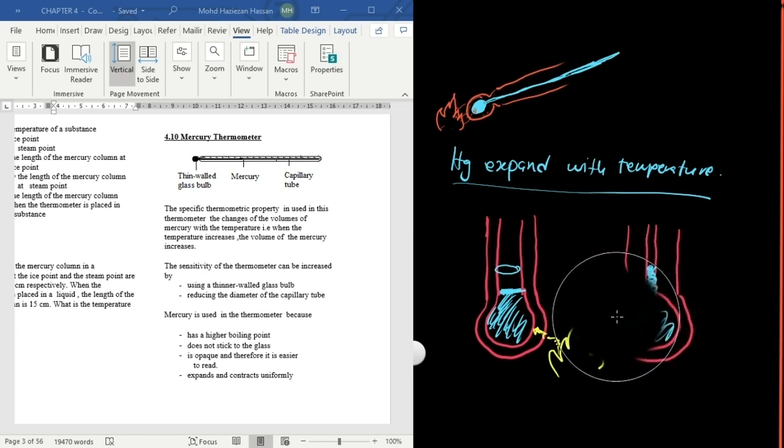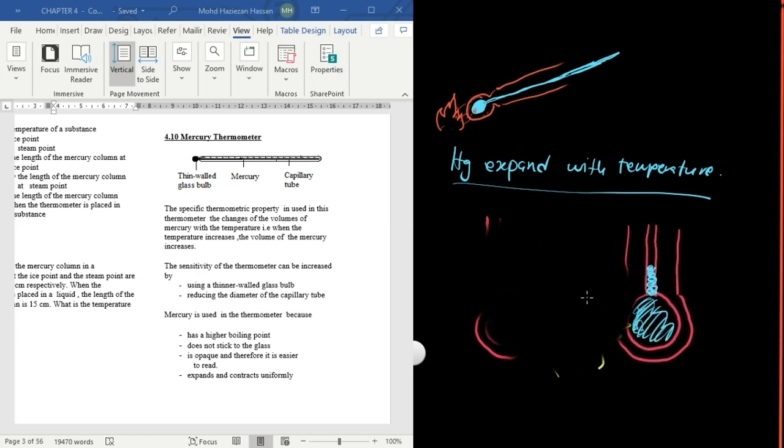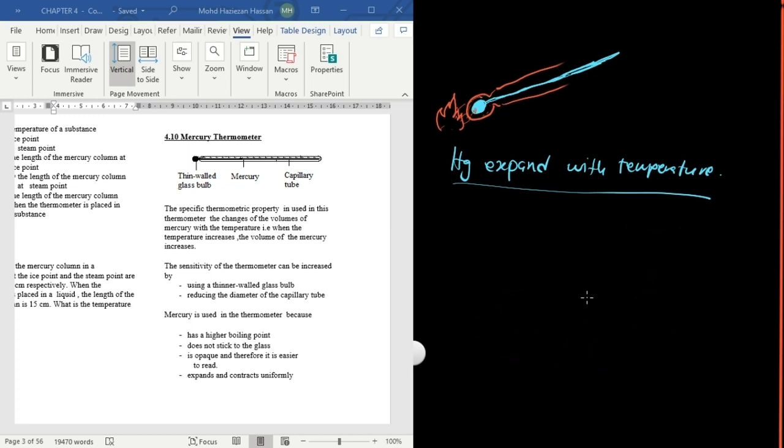So, mercury is used in thermometers. Now we look into why mercury is used. Why don't we use water and other materials? First, it has a higher boiling point. That means it won't easily melt, it won't easily solidify or become solid, and it won't easily become a gas.